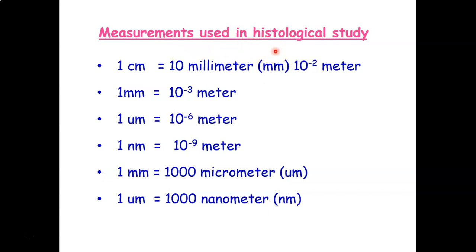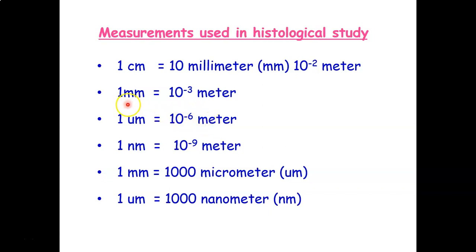When you deal with microscopic examination of tissue and cells, you have to know the units of measuring cells and tissues. We usually measure them by the micrometer. A micrometer is 10 to the power of minus 6 of the meter.